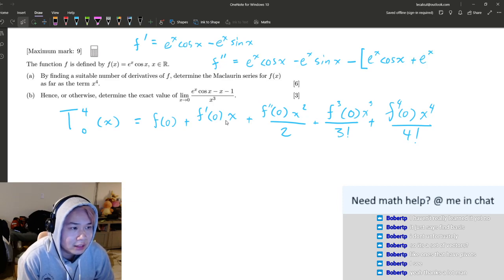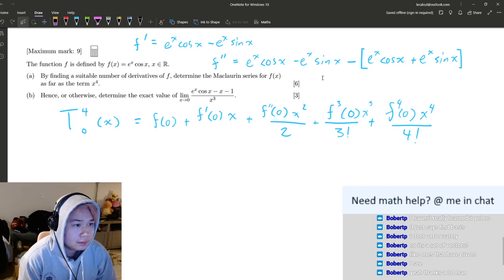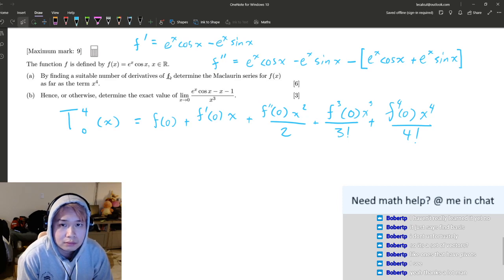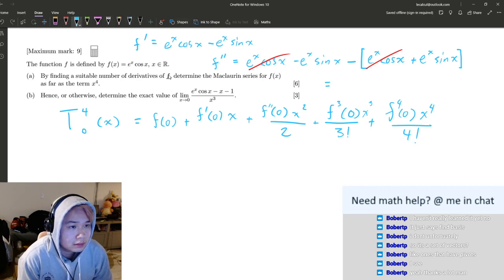Plus e to the x sine x. So luckily, things cancel here and here. So we get 2e to the x sine x.